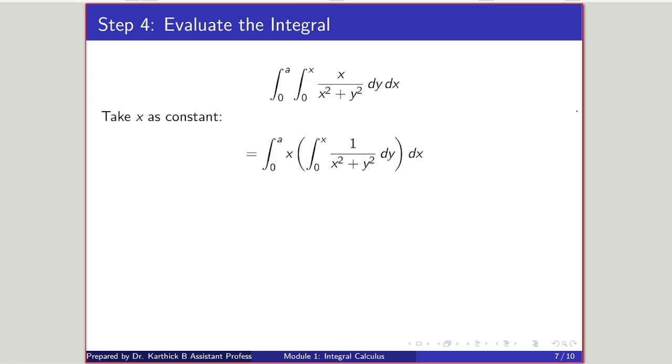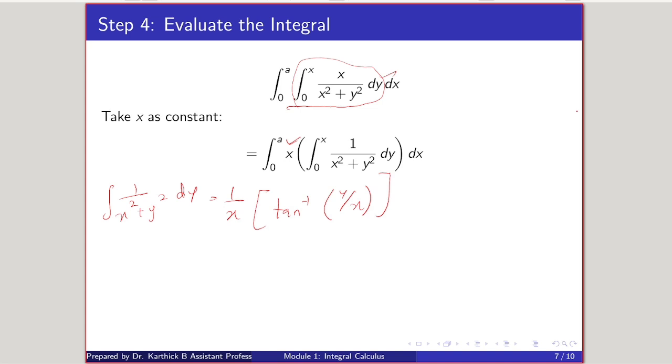First, we have to evaluate the inner integral with respect to y. Then x will be a constant, so I may take the x value outside the integral and keep the function 1 by x square plus y square. We know that the integral of 1 by x square plus y square dy is 1 by x times tan inverse of y by x.